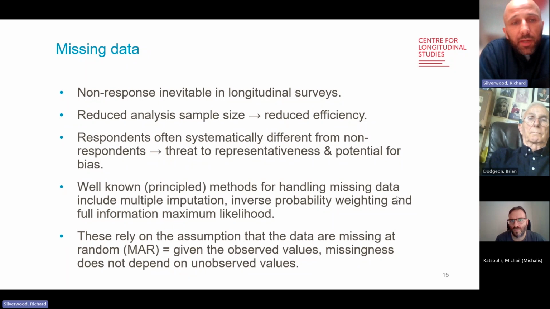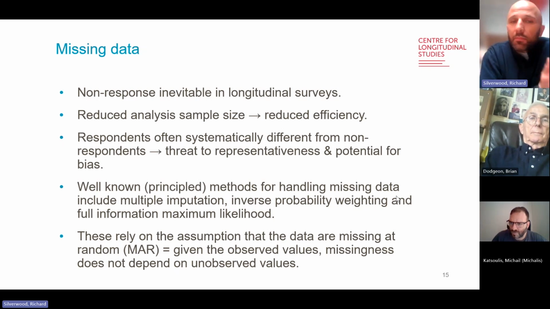But some common implications are, once you've got missing data, if you're performing an analysis only on those individuals, those cohort members for whom you have completely observed data, then you're going to have a reduced analysis sample size, and that will lead to reduced efficiency in your analyses.